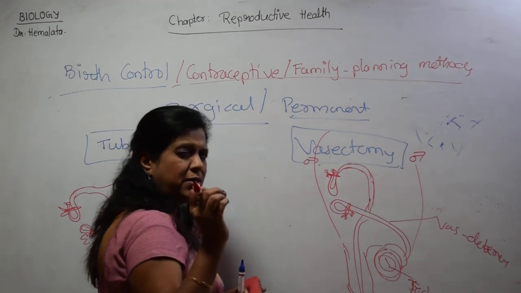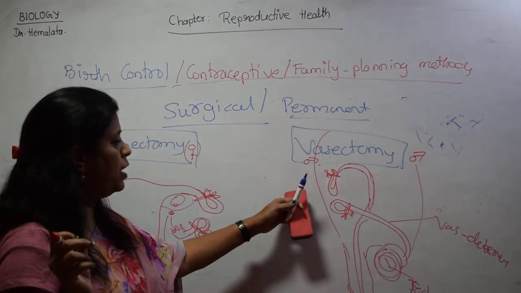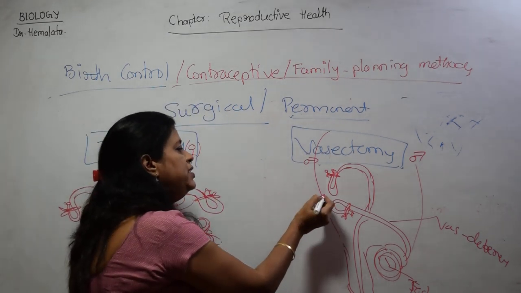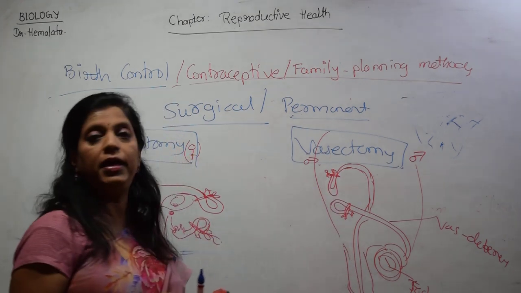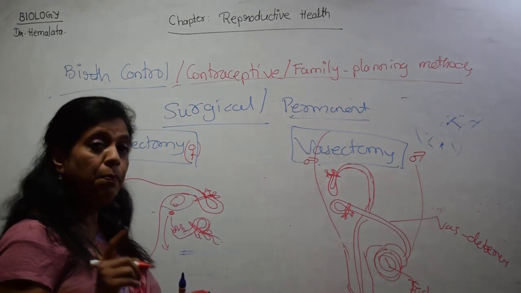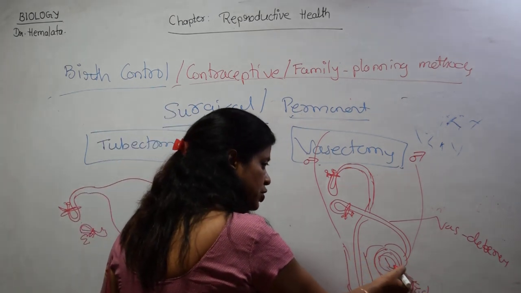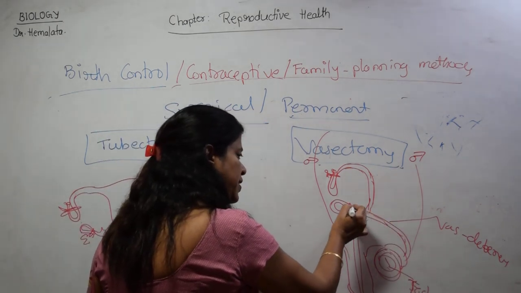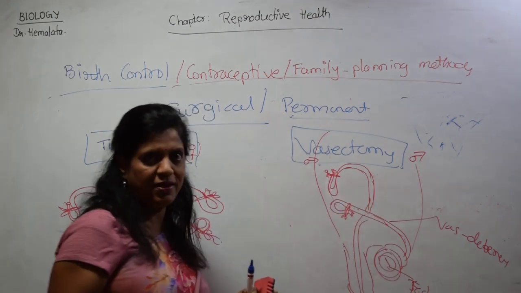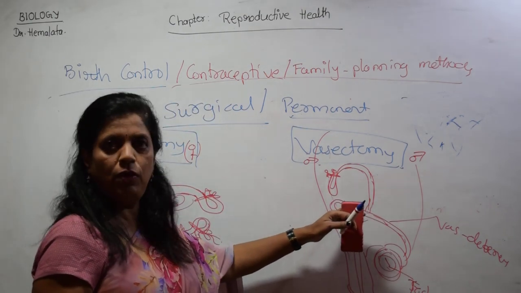It is a small surgery: a very small incision is made, and it can be cut and tied back. This is an important method in which sperms, although released in the testes and passing into the vas deferens, will not pass into the urethra. They will be stopped here only.